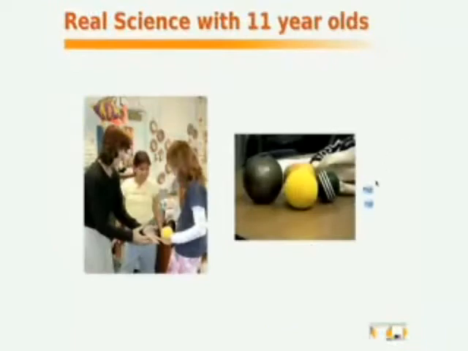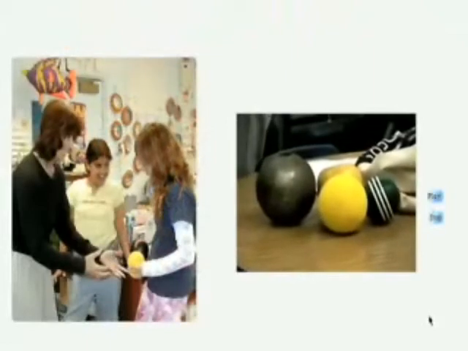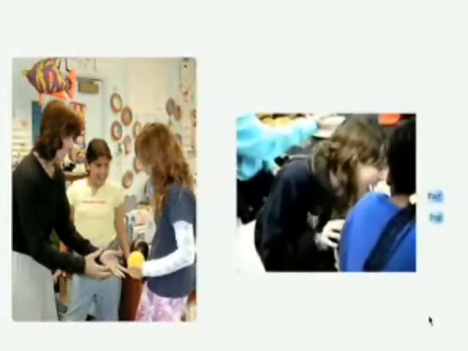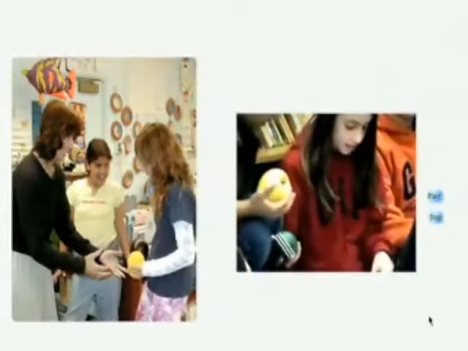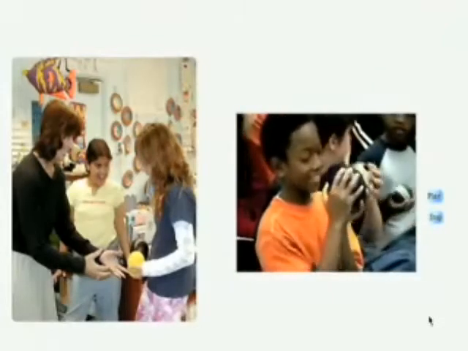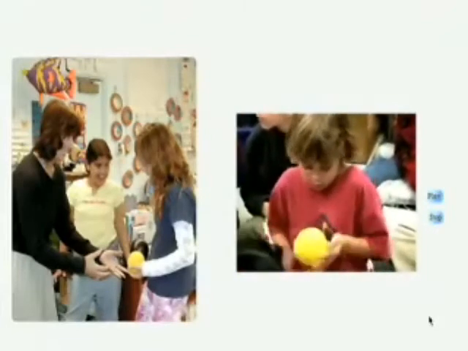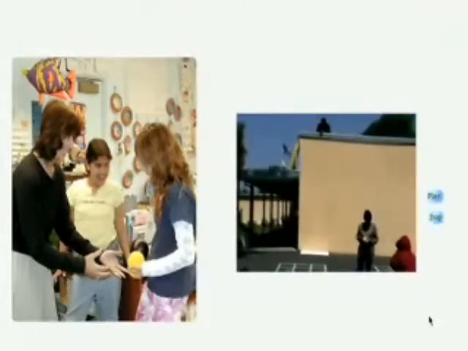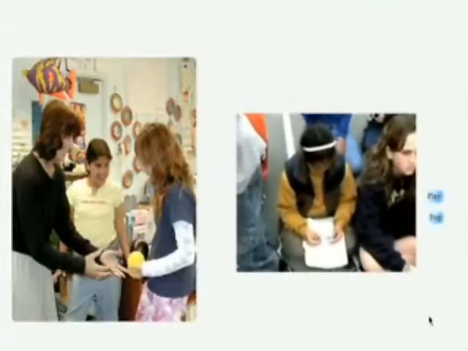So how do the children do science? Objects that you think will fall to the earth at the same time. Okay. Do not pay any attention to what anybody else is doing. Got the apple.